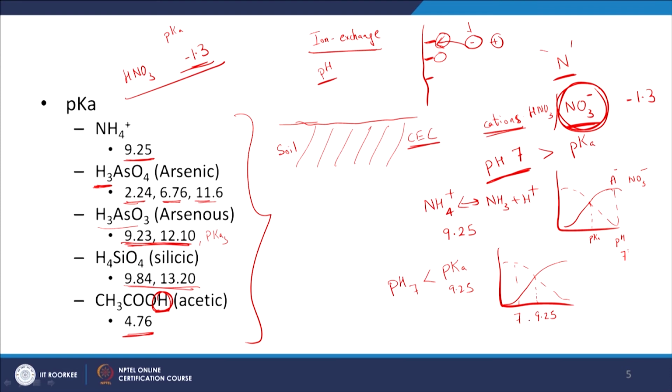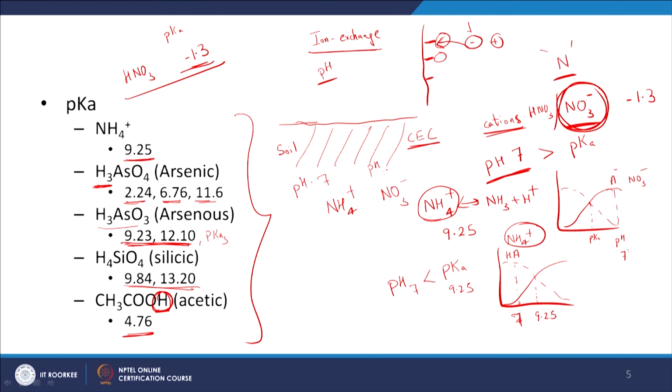This is what we see in this graph here. This is the pH of the soil. At that particular pH, which form predominates? We see that the protonated form, NH4 plus, would predominate. So NH4 plus would predominate at pH 7, and NO3 minus will predominate at pH 7.